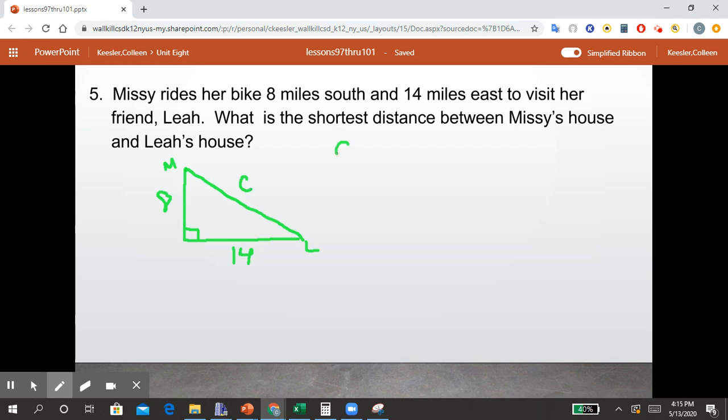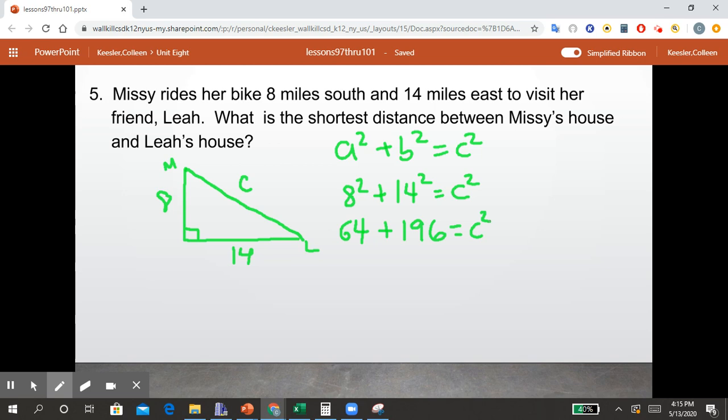So again, using Pythagorean's theorem, a squared plus b squared equals c squared. We know a is 8 and b is 14, and we want to solve for c. We know 8 squared is 64, and 14 squared is 196, which allows us to solve for c. 6 and 4 is 10, carry the 1. 9 and 1 is 10, plus 6 is 16, carry the 1.